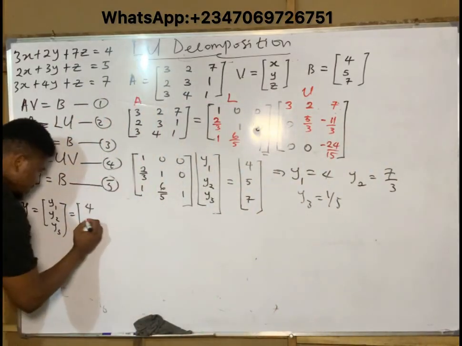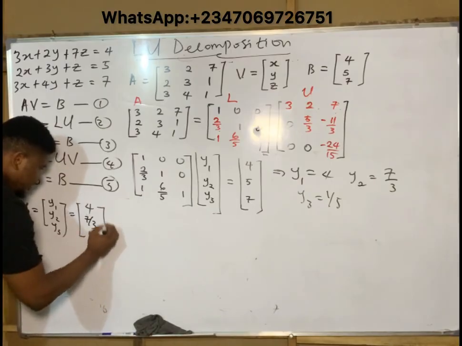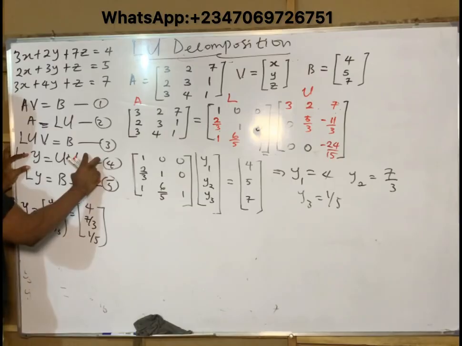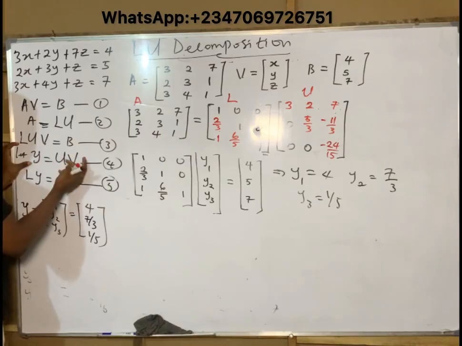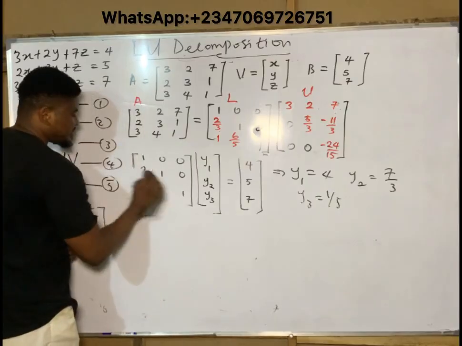Now we know the matrix Y. Since we know the value of Y, we can now fall back to equation 4. We know the matrix Y, we know our upper matrix. What we are left with is the variable matrix, which we are looking for. This helps us to find our variable matrix.